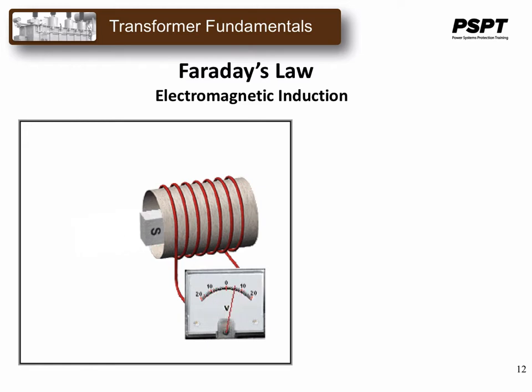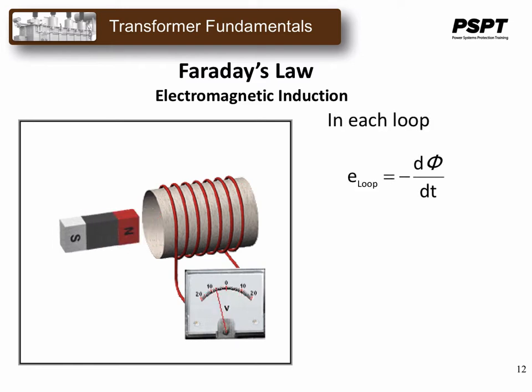Through observation and study, he discovered that the voltage induced in each loop of that coil is given by the equation E, where E is the voltage that's induced, is equal to minus d phi by dt.